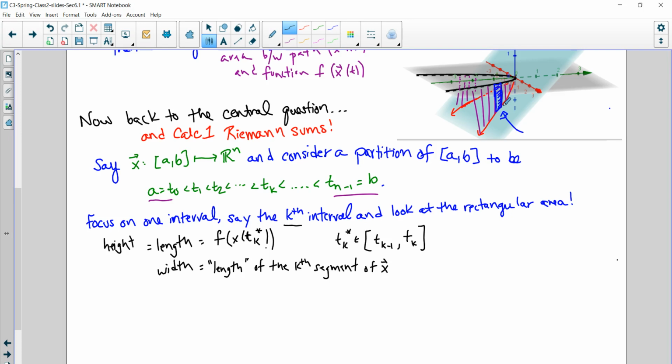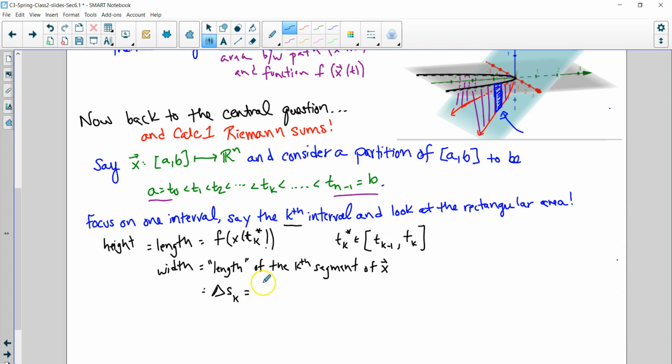Well, wait, the length of a segment along a path, isn't that just arc length? I'm going to denote this as change in s, the change in the arc length, and I'm going to include a subscript for the particular interval I'm looking at.